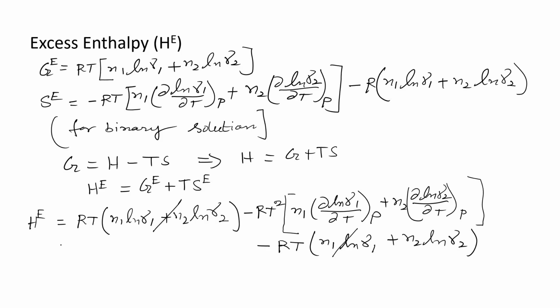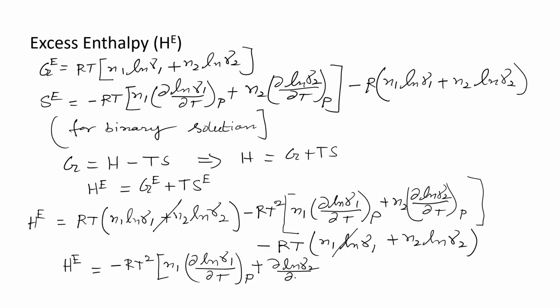What is left over is the excess enthalpy, only this part: minus RT square, then N1 del of ln gamma 1 by del T at constant pressure plus N2 del of ln gamma 2 by del T at constant pressure.